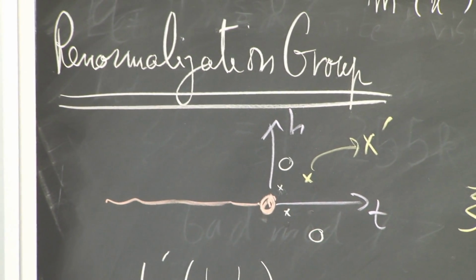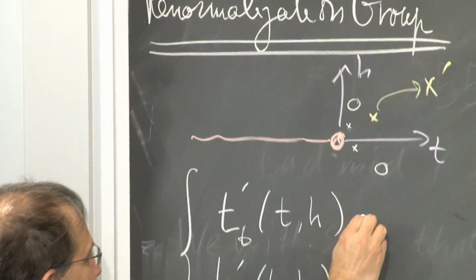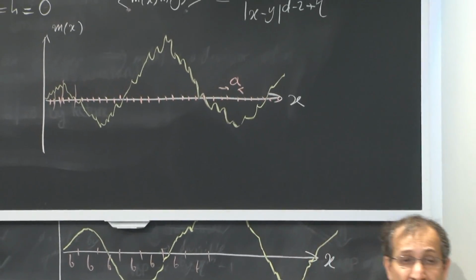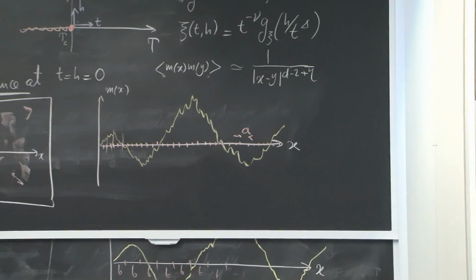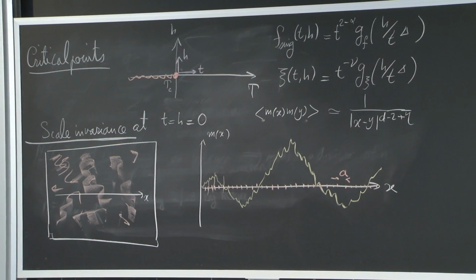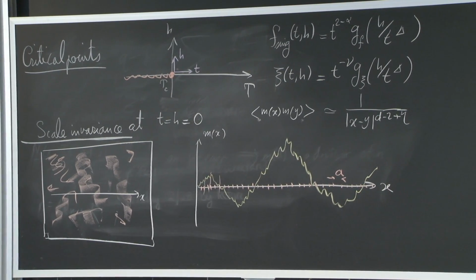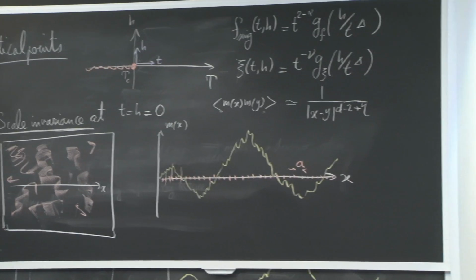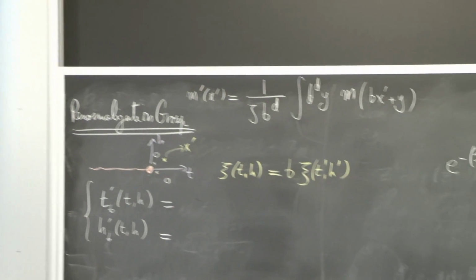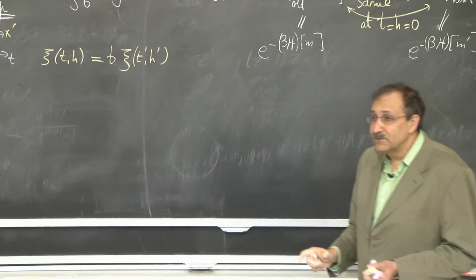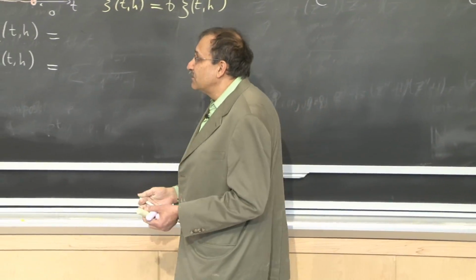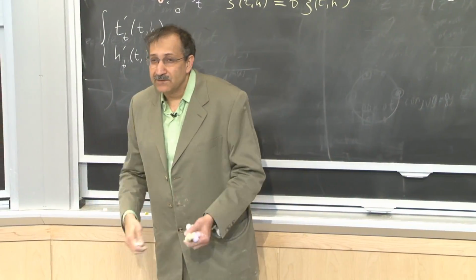Okay? The next part of the argument is, what did we do over here? We got rid of some short wavelength fluctuations. Now, one of the things that I said right at the beginning was that as long as you are getting rid of short scale fluctuations, you are summing over a cube that is 100 square, 200 cube.